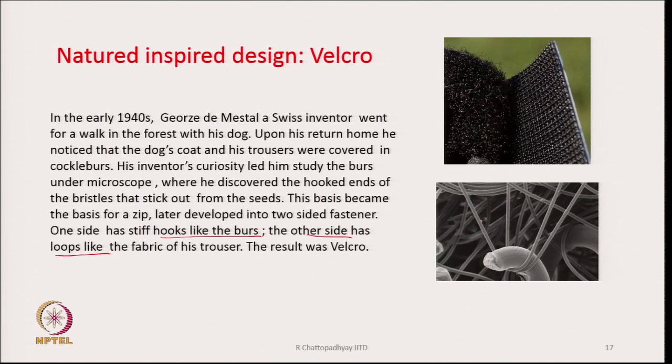One side of the fabric had stiff hooks like bars, and in this case this one has loops, and this fabric is having hooks. So, hooks are here and loops are there, and therefore, when you bring them closer to each other, once they mesh, there is an entanglement.